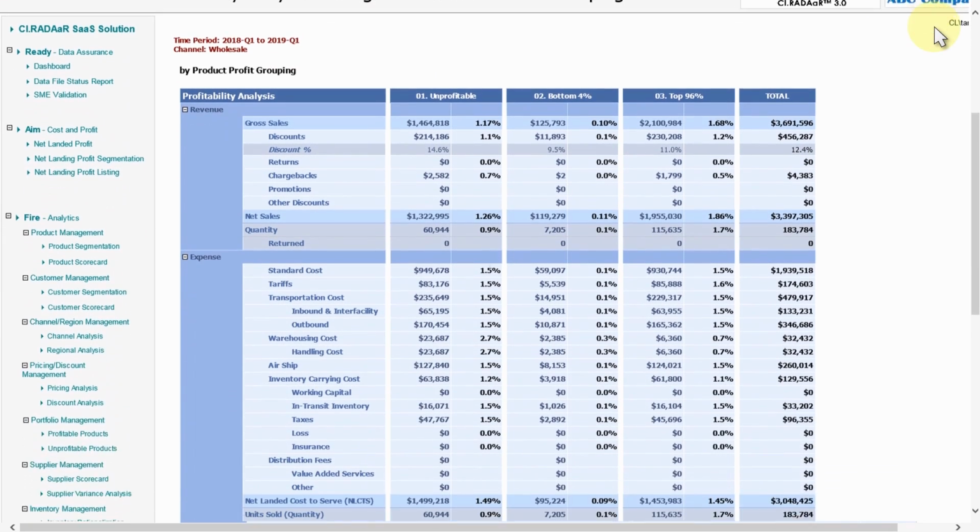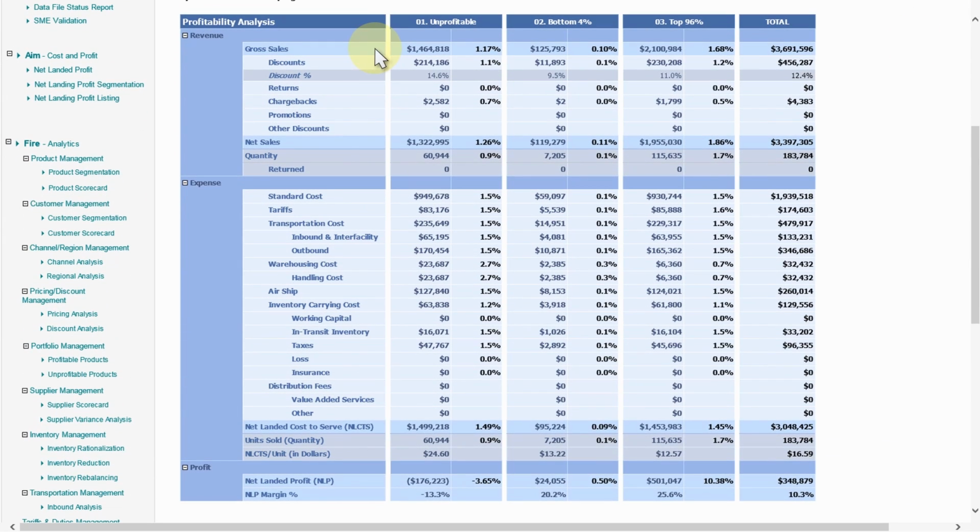So let's take a look at what we can learn from this one example. In our unprofitable group, we have about $1.5 million of sales for these three states. That is a little over 1% of the total sales for the company.